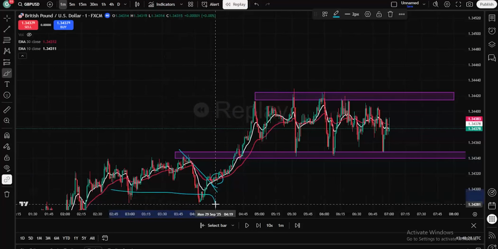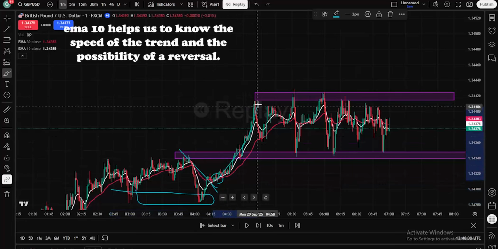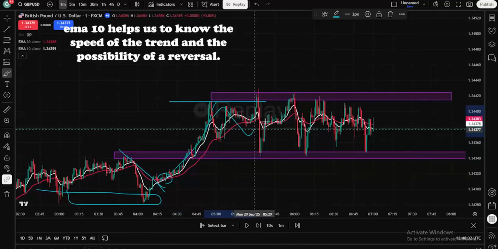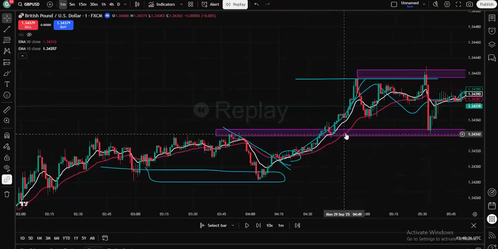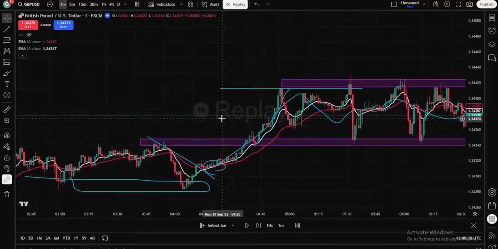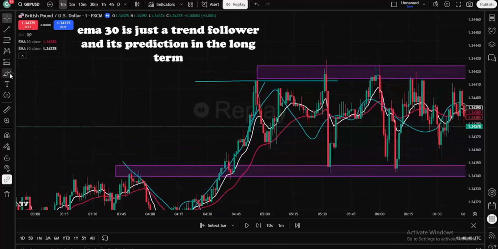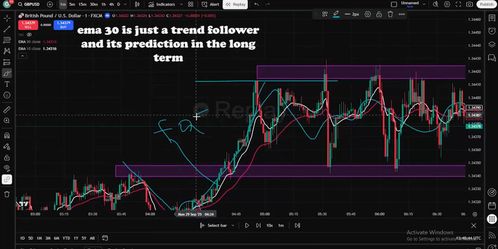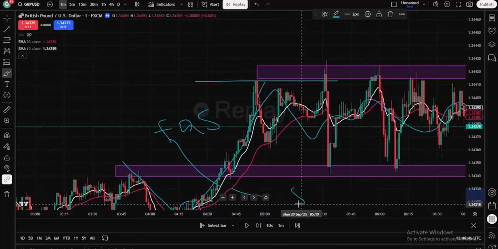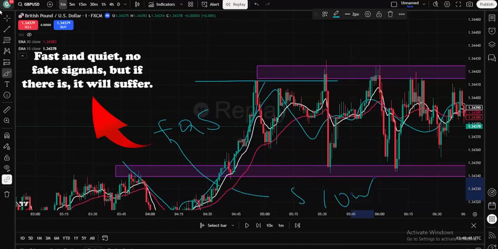First, EMAs help us to identify short-term and medium-term trends in the shortest possible time. EMA 10 acts like a fast radar, and EMA 30 acts like a strong filter. Together, these two allow you to notice changes very quickly, but at the same time, not to get caught up in fake signals.